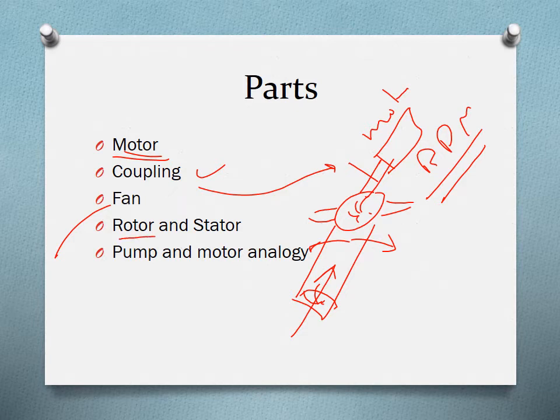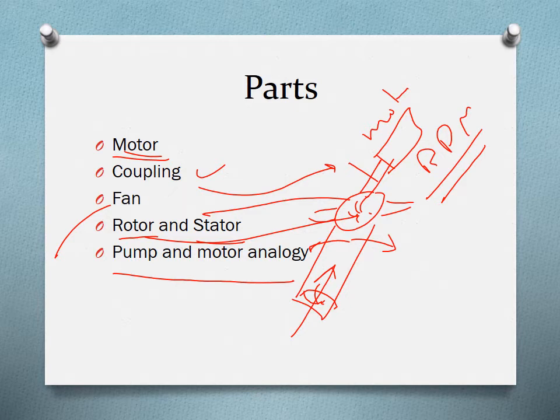They also have a rotor and a stator, kind of like the motor. So this is the stator, and inside here is the rotor. The rotor is the one that turns around and pushes the liquid against the casing. So it's the same between the pump and motor analogy.